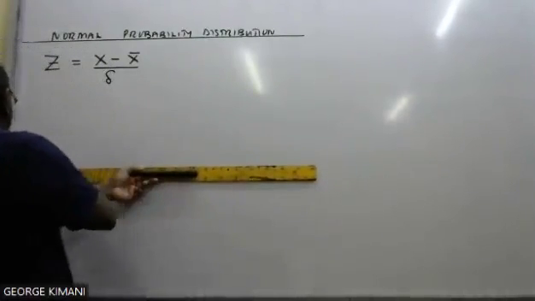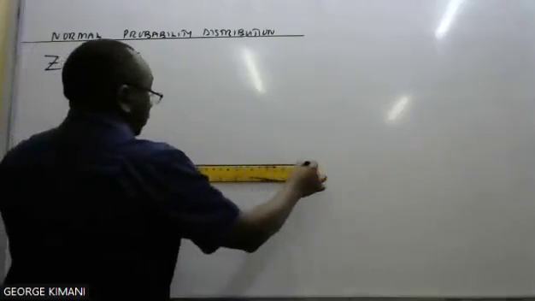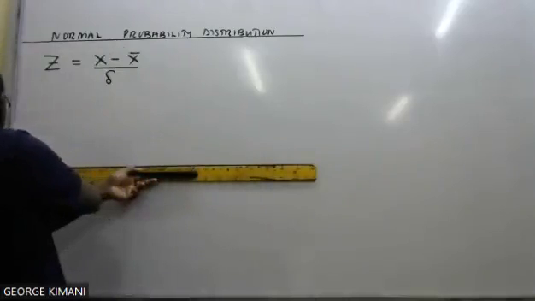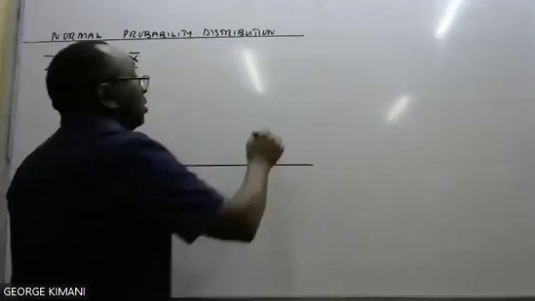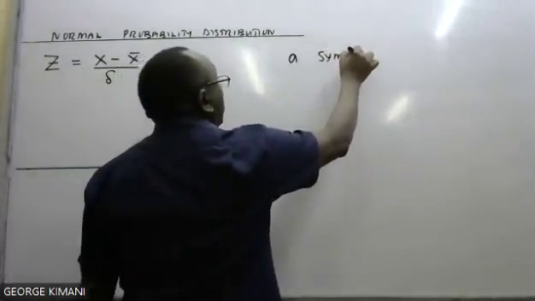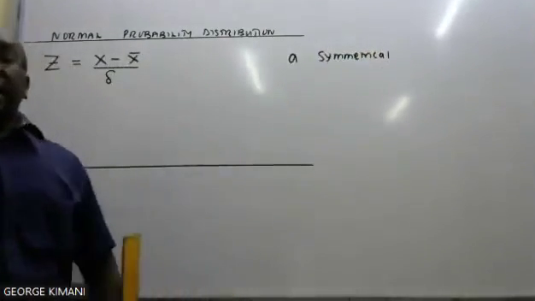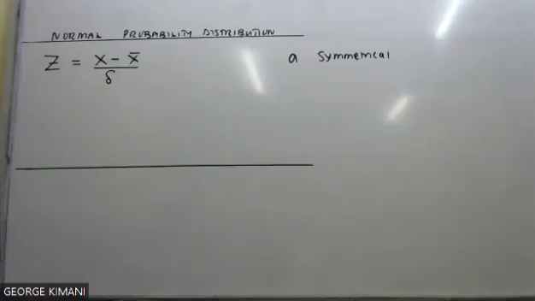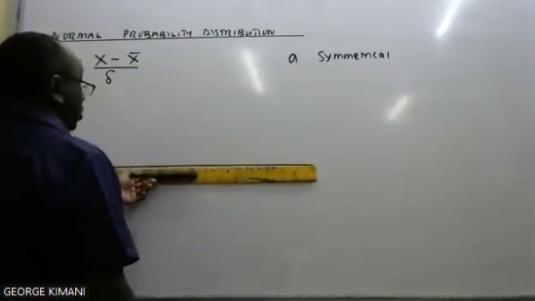The distribution is symmetrical, a bell curve, as shown below.